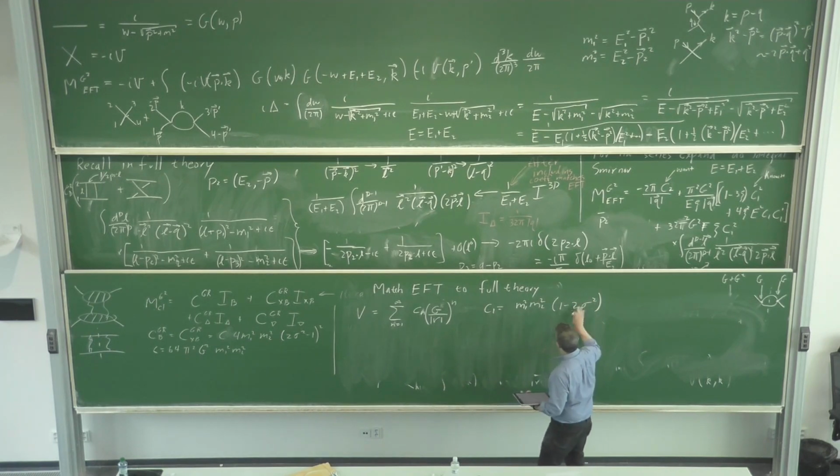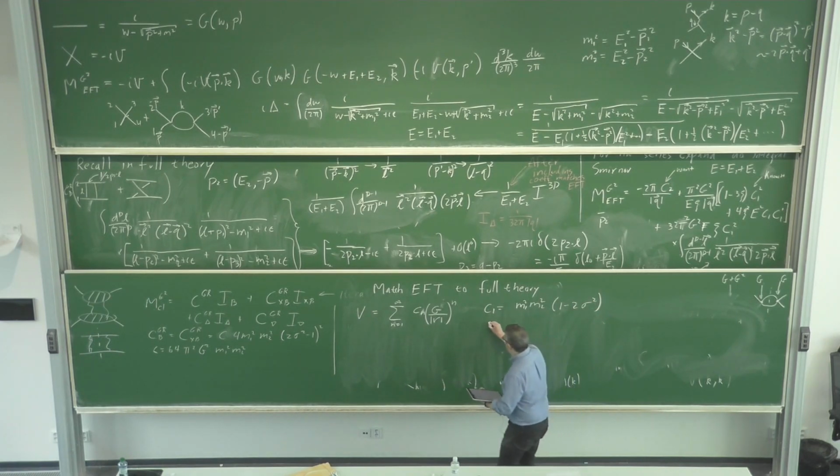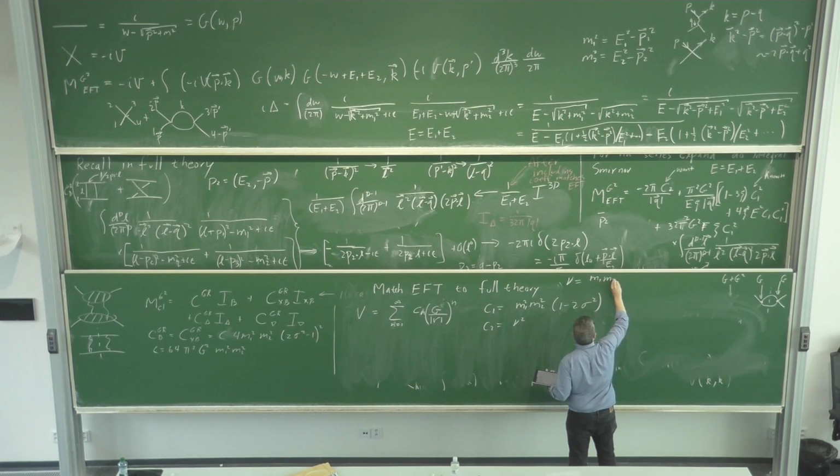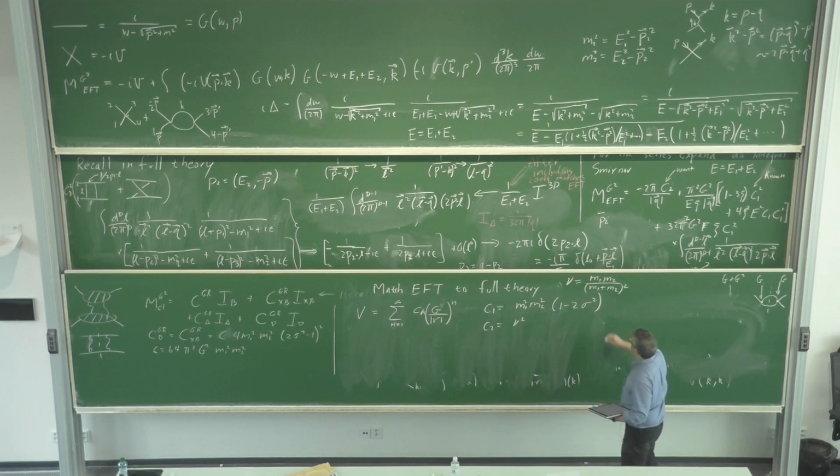And remember, Newton is contained in here in the static limit. And then C2 is a more complicated beast. C2 is nu square. Nu is equal to m1 m2 divided by m1 plus m2 squared. It's a variable that people like.